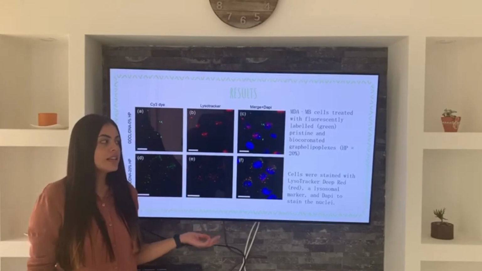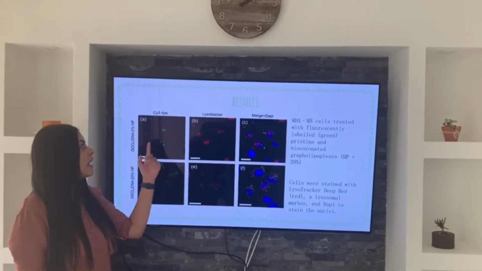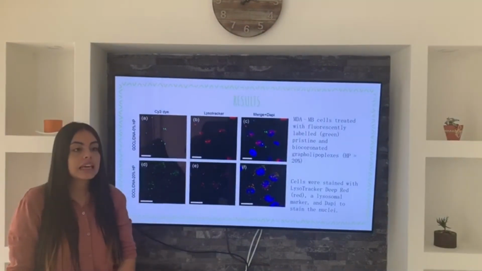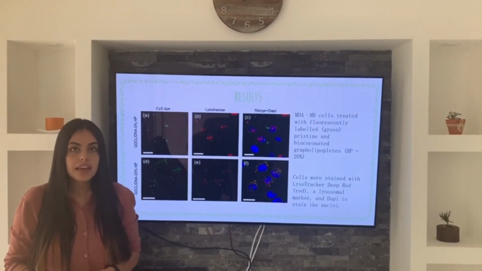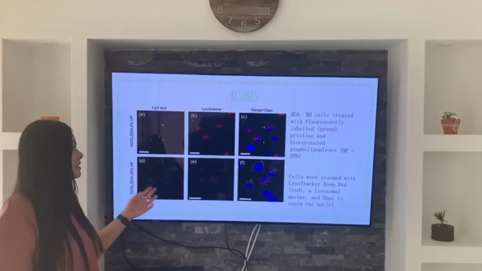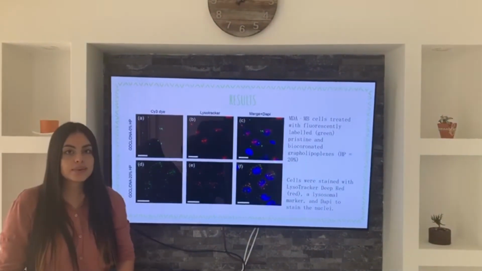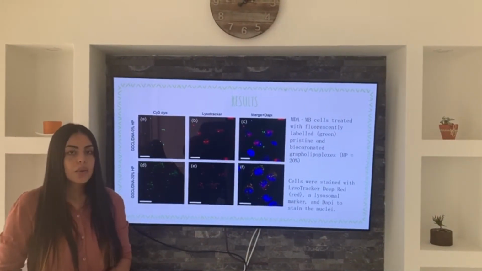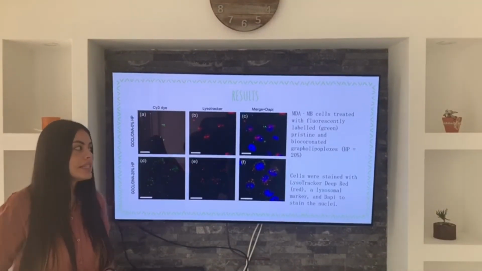So this is the last result in the article, and we have that 5A, B, and C is the complex GOCL DNA without human plasma. And in D, E, and F, we have the complex GOCL DNA with an amount of human plasma of 20%.